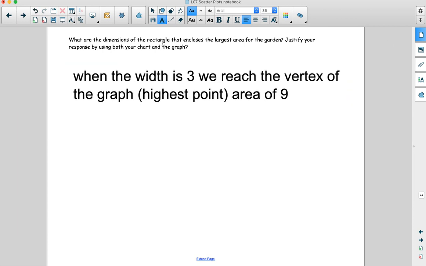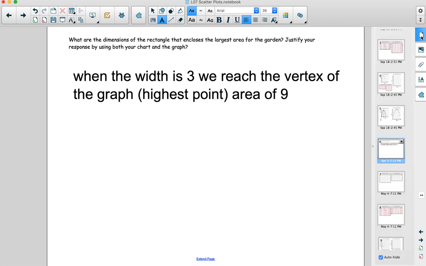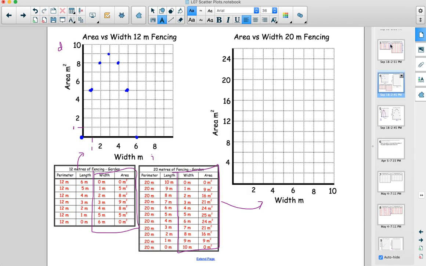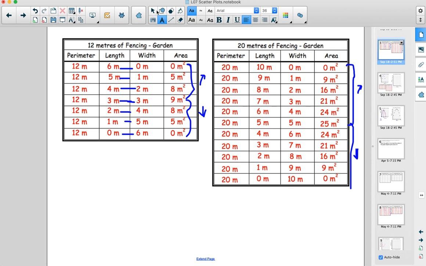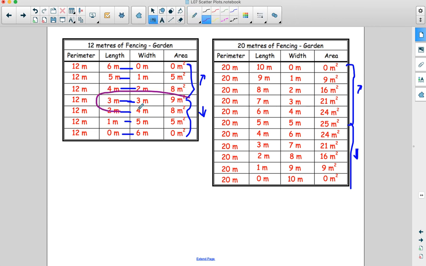And now it says to justify using the chart. So if we went back to the chart, you could see visually that's the highest area right there.